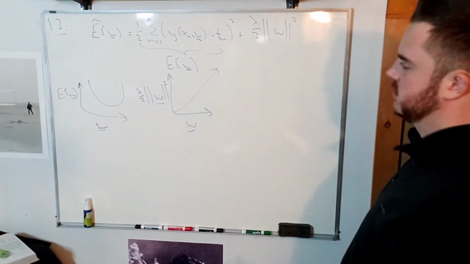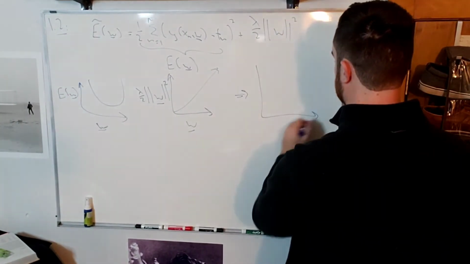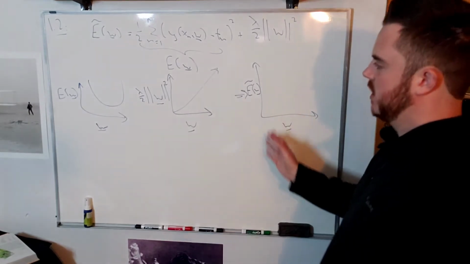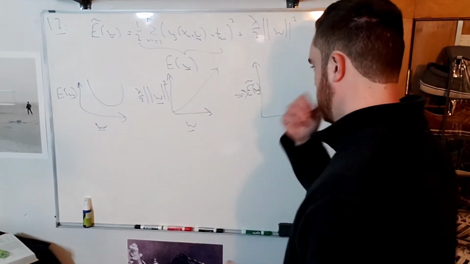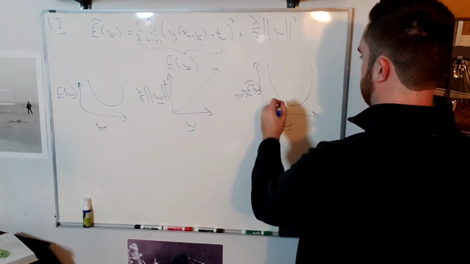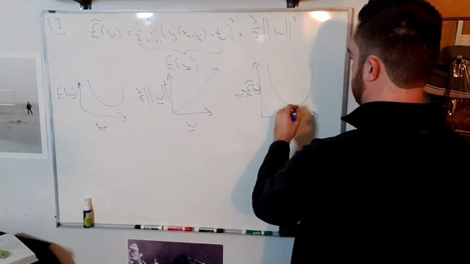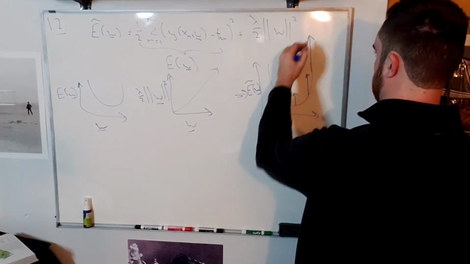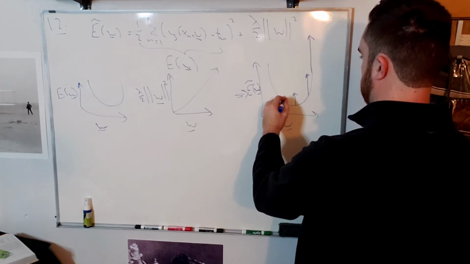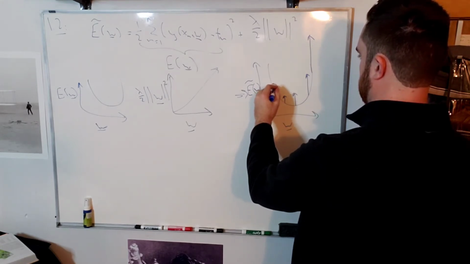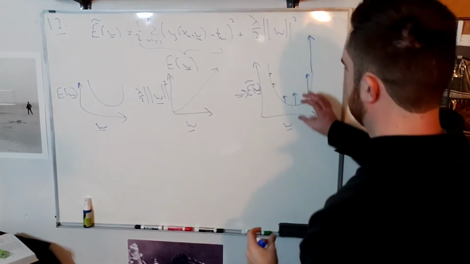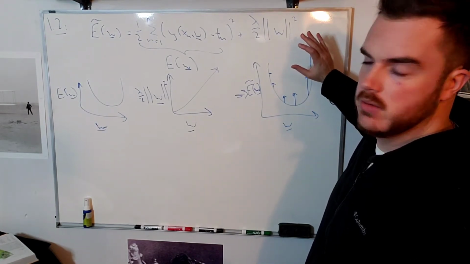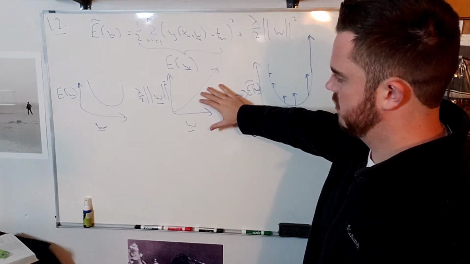So if you're just adding those two functions, the regularized error function would just basically be this, and then you would shift everything, but you'd shift it up more as you get further away from the origin, because these values are larger.